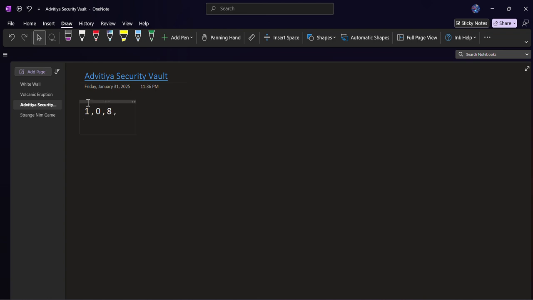We have to find the correct passcode by checking all the possible combinations. So in this question, let's look at some of the examples.